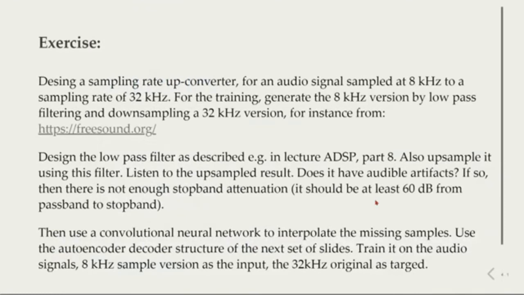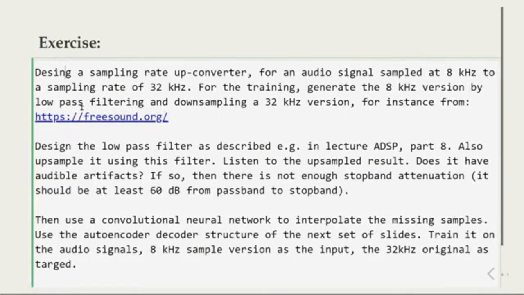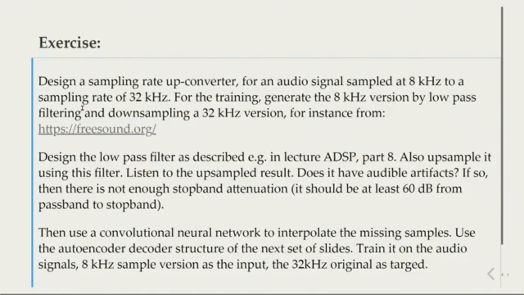To finalize this tutorial, I leave you an exercise, and this exercise is to design a sampling rate up converter for an audio signal sampled at 8 kHz to a sampling rate of 32 kHz. For the training, we would generate the 8 kHz version by using low-pass filtering and downsampling a 32 kHz version.